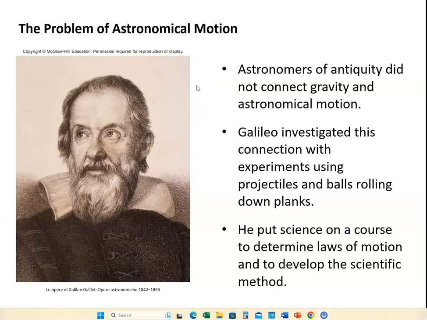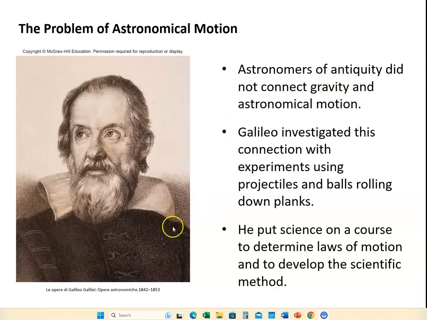In fact, he shows very strong evidence that the planets go around the sun with the phases of Venus, and so he realizes that if that's taking place, there must be a force. Even Kepler, who was a contemporary of Galileo, thought that there must be a force causing the planets to go around in an ellipse, or in an elliptical orbit. But Galileo actually got it right. It was gravity, I think.